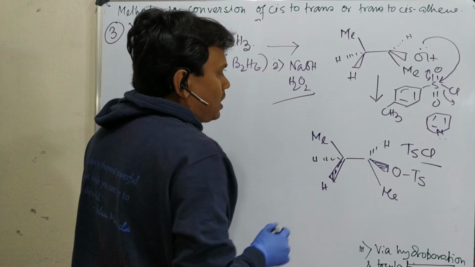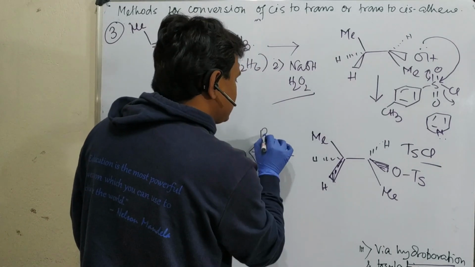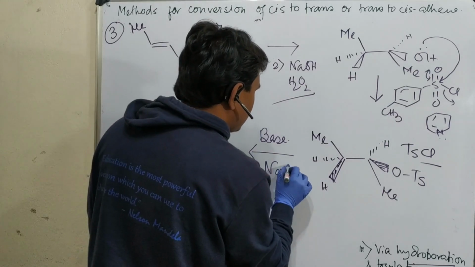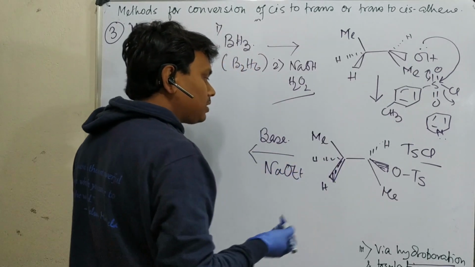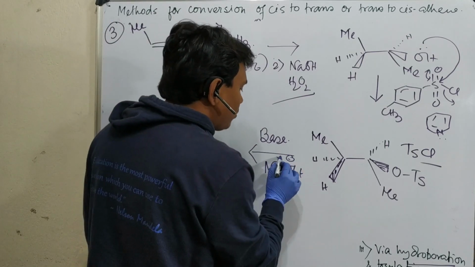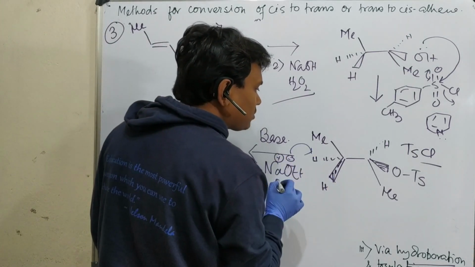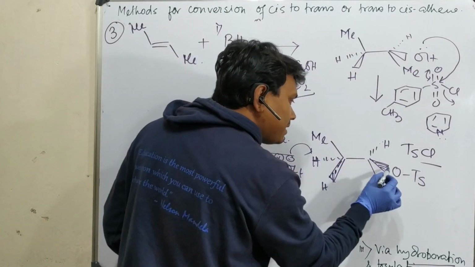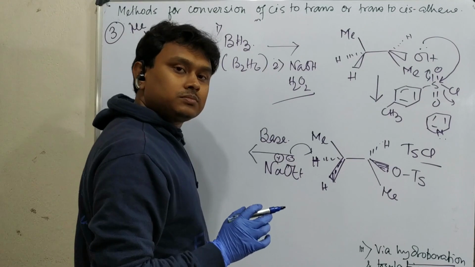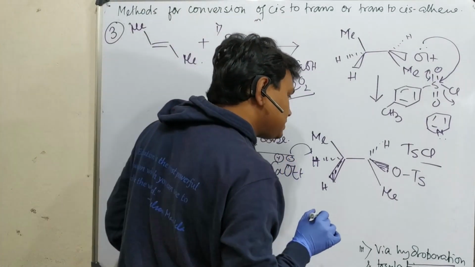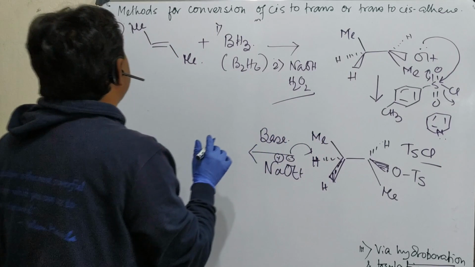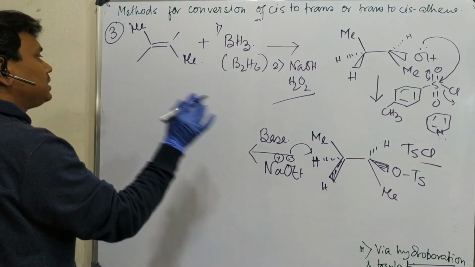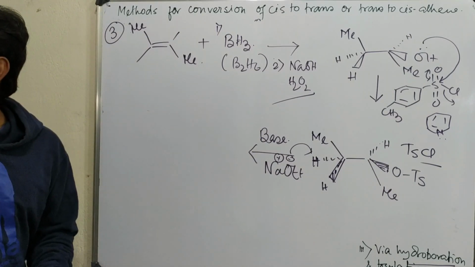Fine. Now if we put in a base, even consider something like sodium ethoxide in ethanol. So what happens? This OEt minus abstracts the proton anti to this. Okay, it is better if I provide you some other substituents.